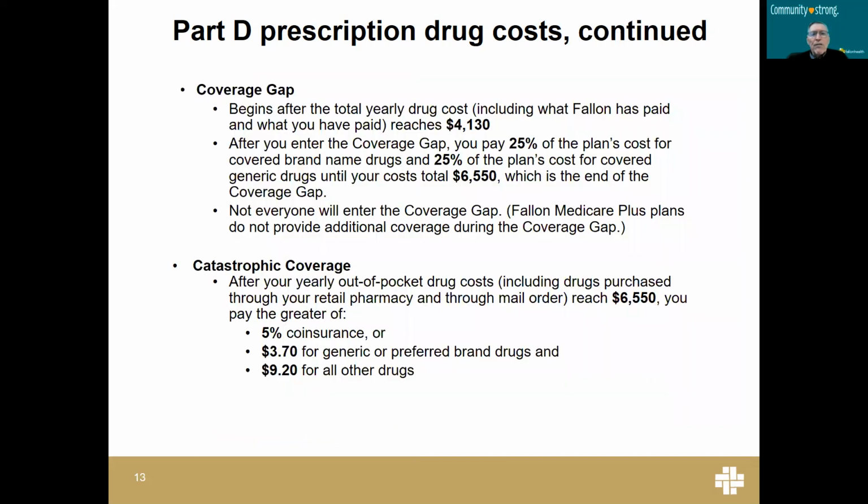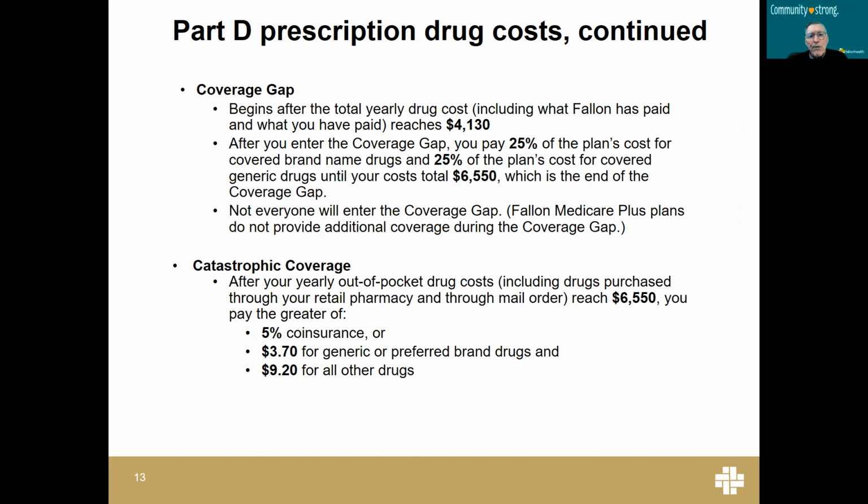Now, something that's very important to know about prescription drugs, there is something called the coverage gap, and it begins when your yearly cost, that's the amount that you and the insurance company have paid, reaches $4,130. And after you enter the coverage gap, you will now pay 25% of the cost for the covered brand and 25% for the covered generic medications until your total costs reach $6,550, which is the end of the coverage gap.